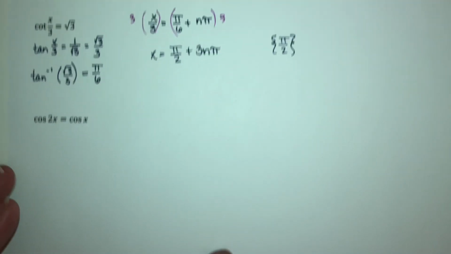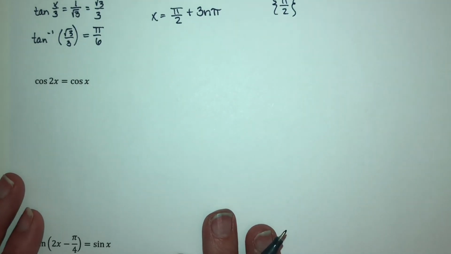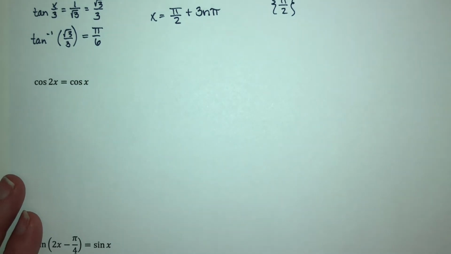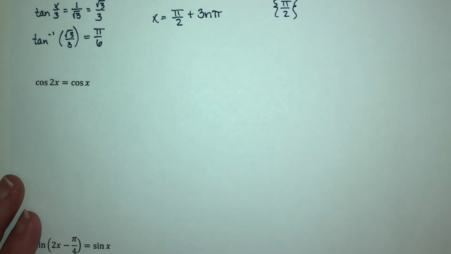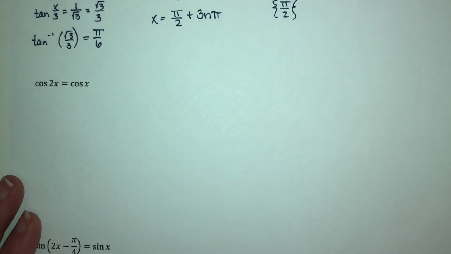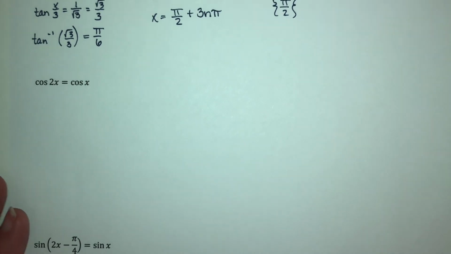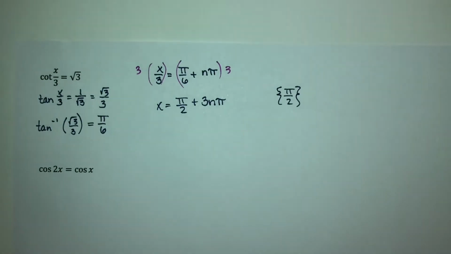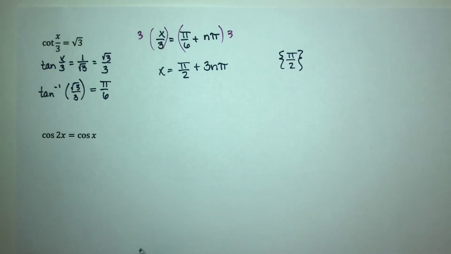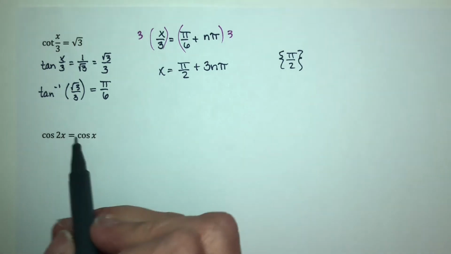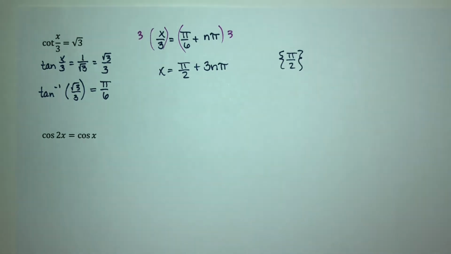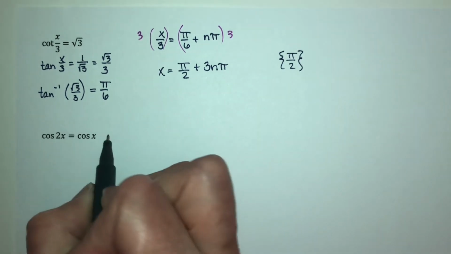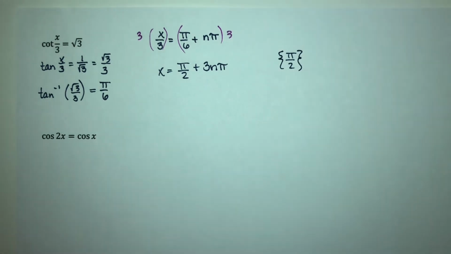Okay, so let's try cosine of 2x equal to cosine of x. This is the first time where we haven't had an actual numerical value to work with. We have that x still in there. We don't have a number here. Well, one of the things that we did find out is that one of your solutions you can get by just saying that this has to equal this plus your adjustment.